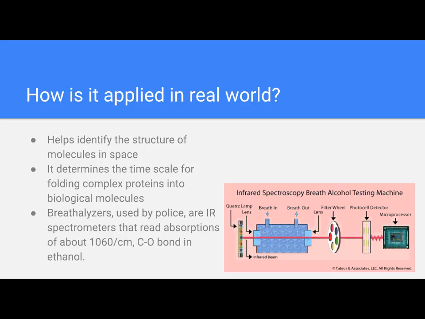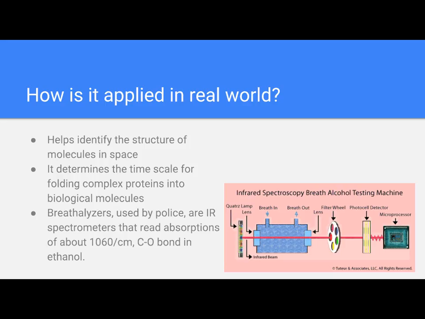And a breathalyzer is basically an IR spectrometer, and they read absorptions of about 1060 per centimeter, and they read the vibration corresponding to the CO bond of ethanol, and that's a diagram showing how it works. There's a red beam that goes through, and it affects the molecule.